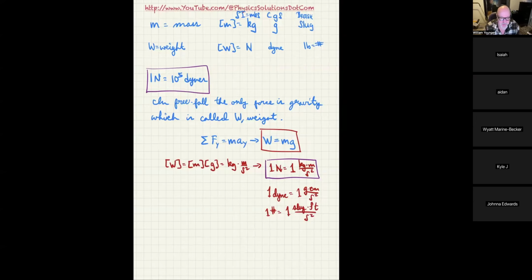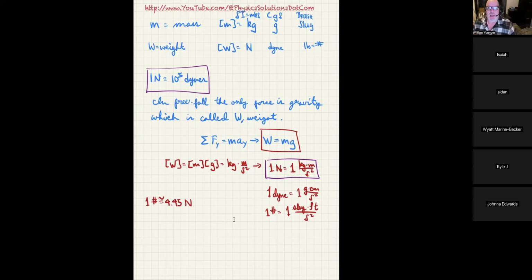Now, your book actually gives you some data on this so you'll know, but specifically, 1 pound is approximately equal to 4.45 newtons.